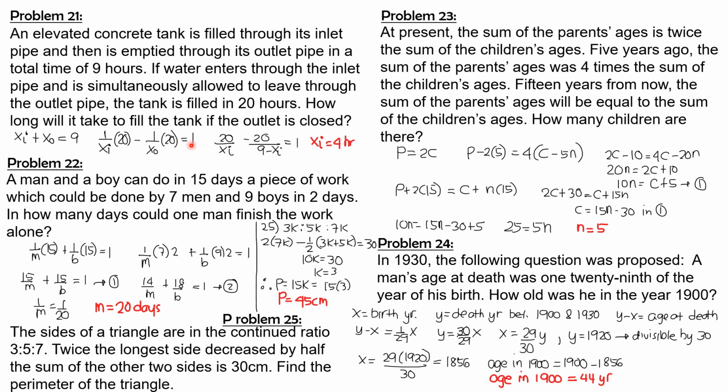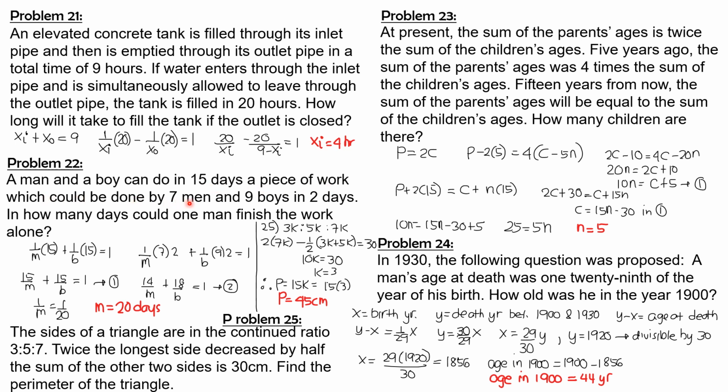Substitute the value of xo, which is 9 minus xi, and using your calculator, solving for xi, it is equal to 4 hours.